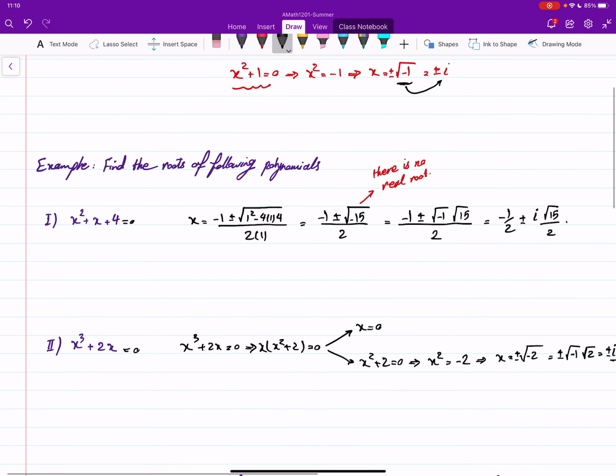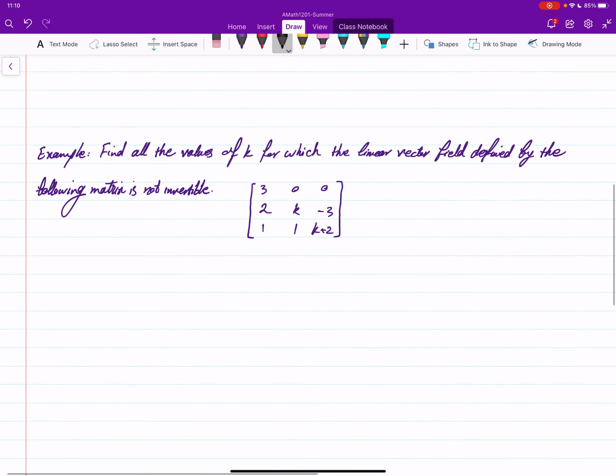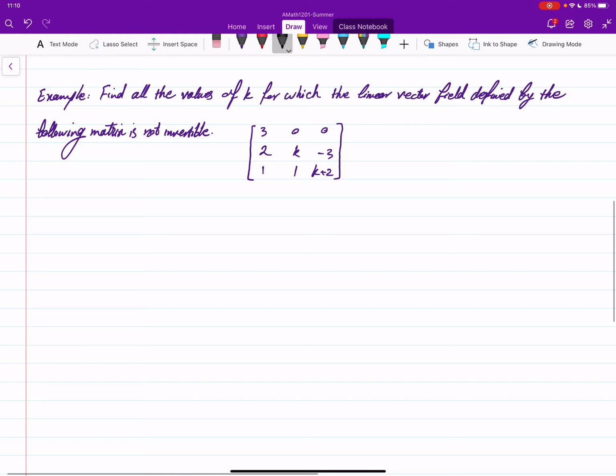Okay. This equation could be found from different things. For example, find all the values of k for which the linear vector field defined by this matrix is not invertible. Remember, not invertible linear vector field means that the determinant of the coefficient matrix is equal to 0.